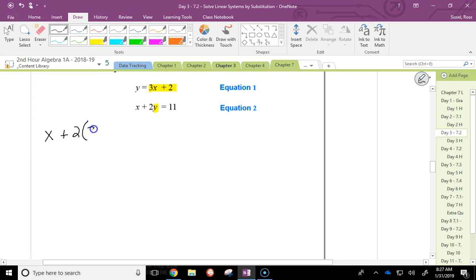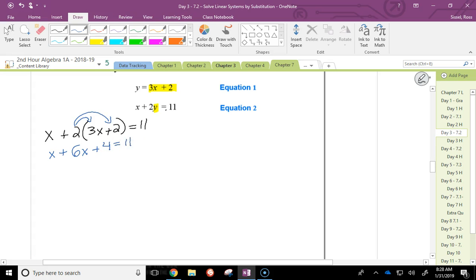Y is 3x plus 2. I continue with my equation, equals 11. We would solve now. I distribute: x plus 2 times 3x is 6x, 2 times 2 is 4, equals 11.